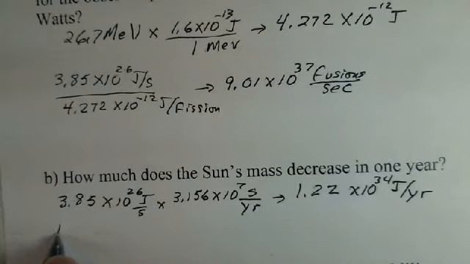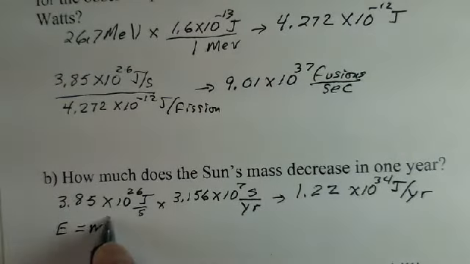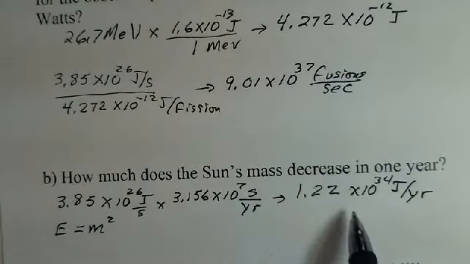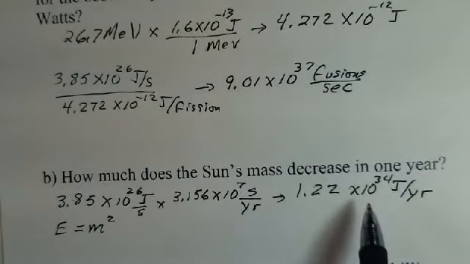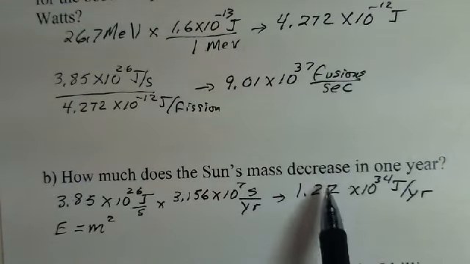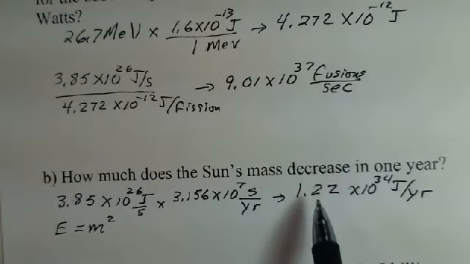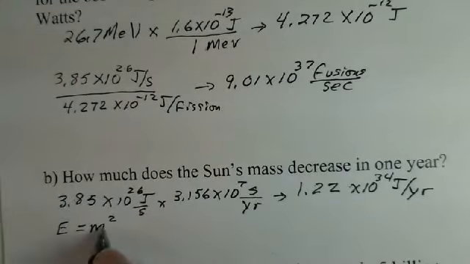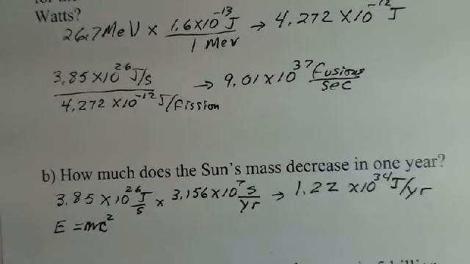Now we're going to drop into E equals mc squared. We have the energy amount over here. We want to calculate the mass, how much the mass is being rearranged into visible luminosity, into joules, and we'll use the speed of light squared, of course. So E equals mc squared.